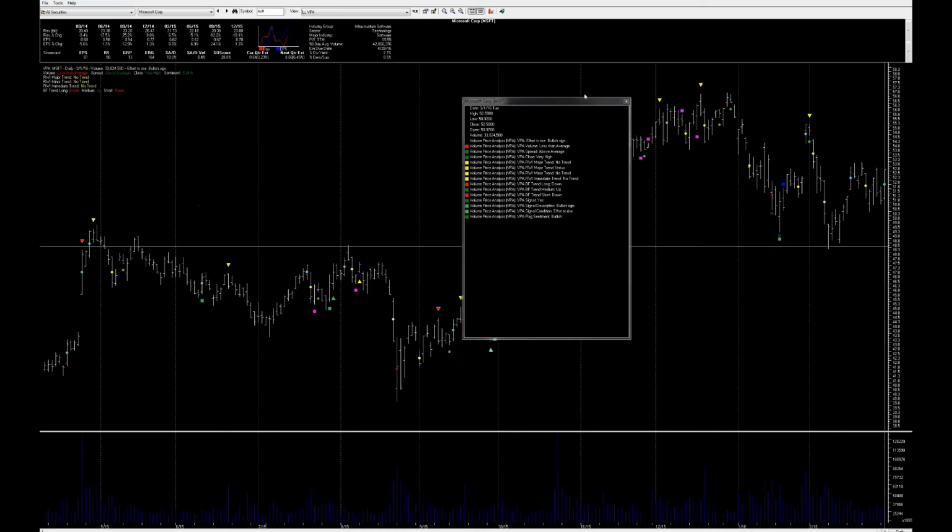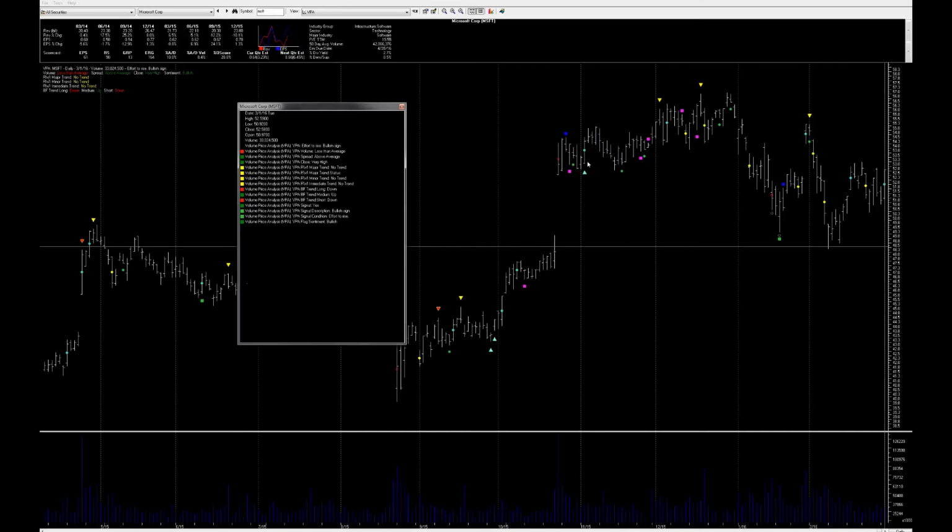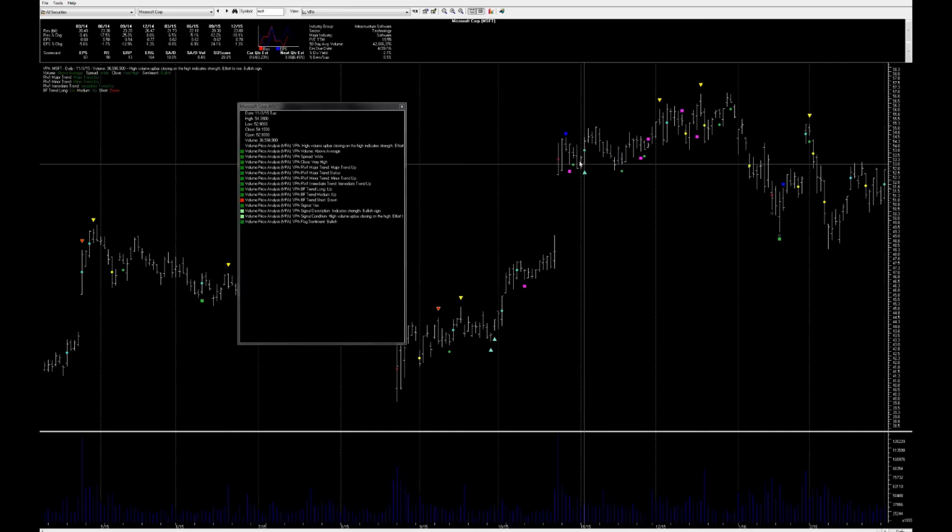Once you've got this up, it's pretty easy to see, when you put the crosshair on a day, you get a report of the status of the day. Some of it's just basic date and volume information. The text box up here is the description of what the VPA flags on this day are, and it's pretty much an English version of what that event mathematically is.